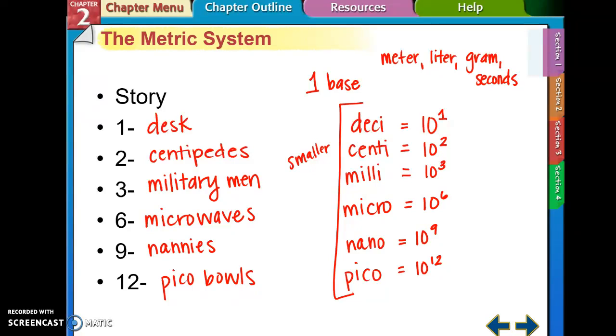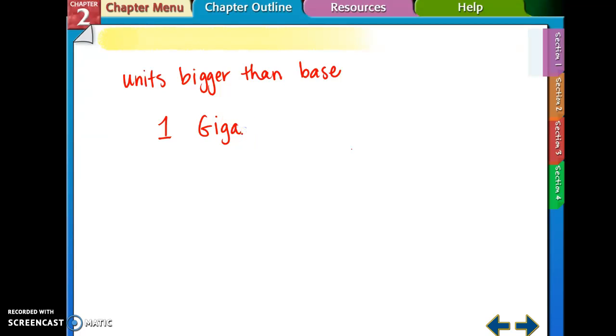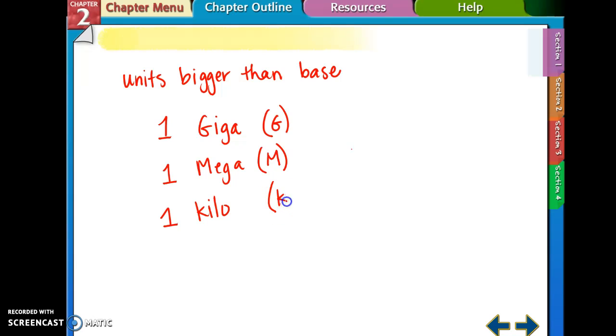But then we can also have units that are bigger than the base. So what this means is that if I have 1 giga, or if I have 1 mega, or if I have 1 kilo, one thing to remember is capital M is for mega, capital G is for giga, and lowercase k is for kilo.